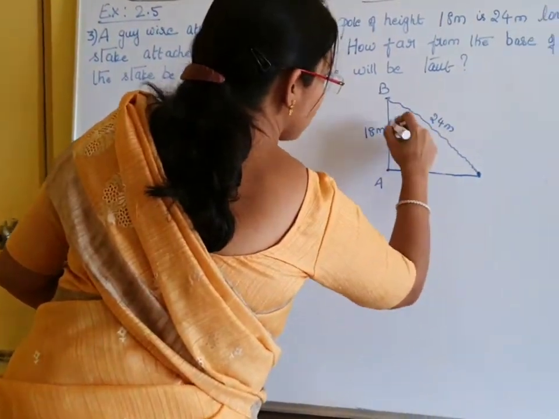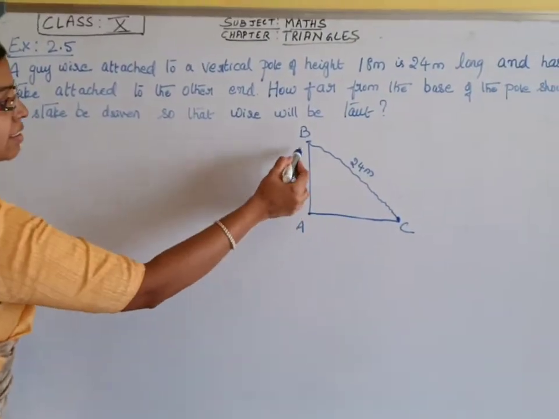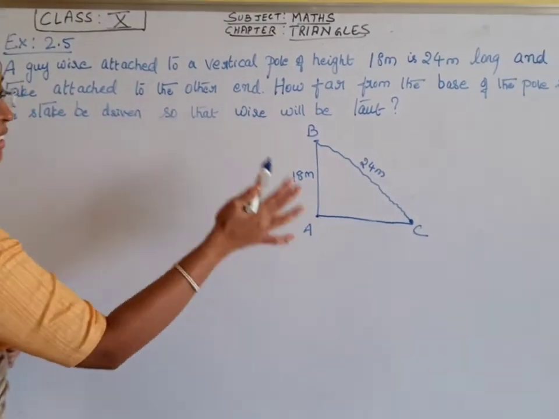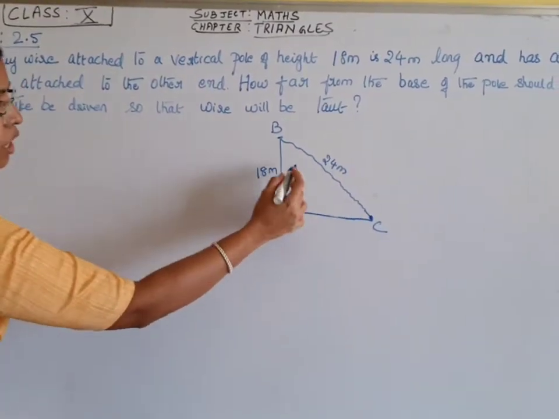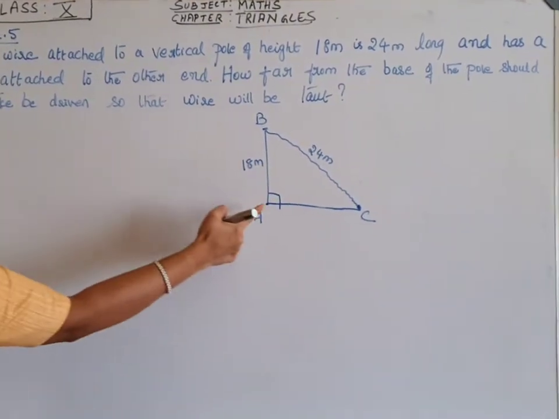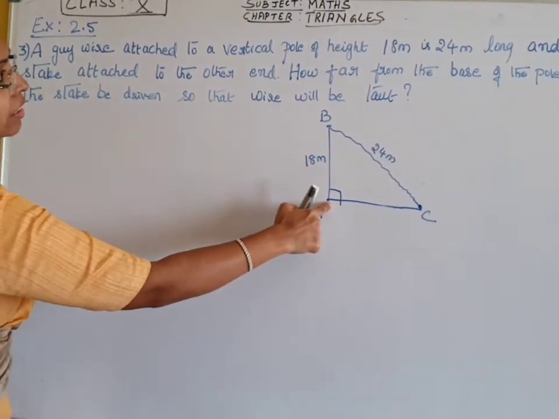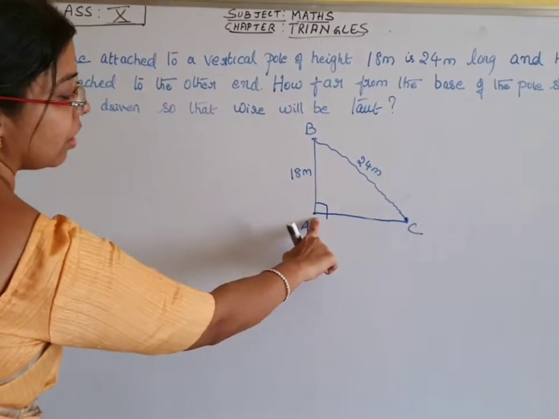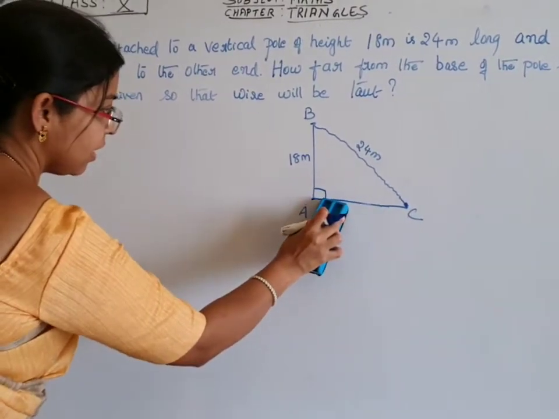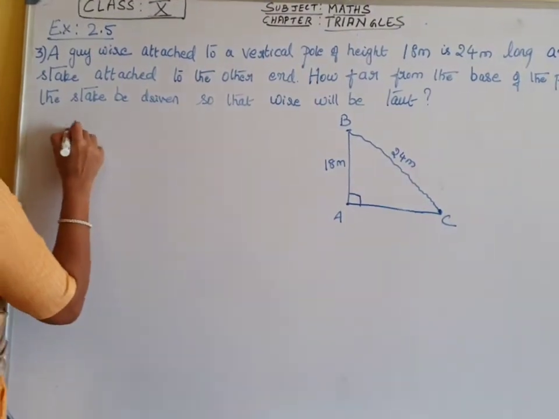We can name this A, B, C. Since it is a vertical pole, a pole is always fixed to the ground at 90 degrees. So we can apply Pythagoras theorem to this. We need to find out the distance from the base of the pole to the guy wire. So that will give you AC.